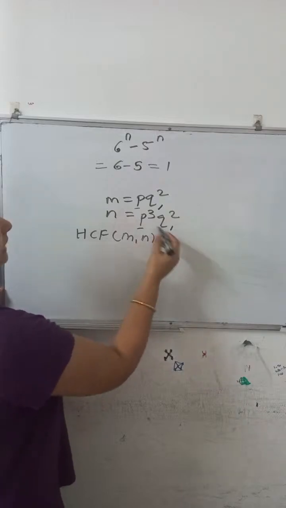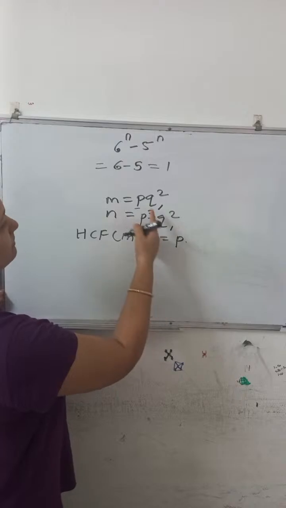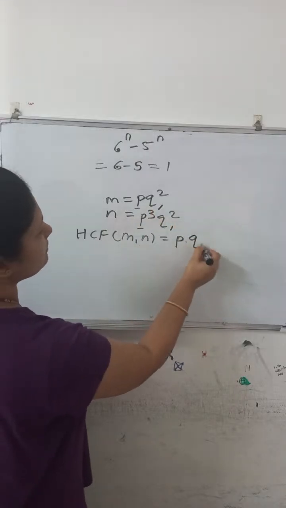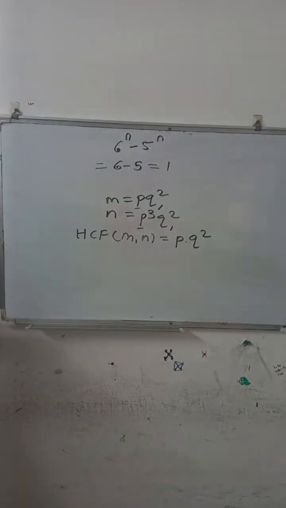The lowest power of p is 1 and the lowest power of q is square. So PQ square is the answer, and the correct option is B, PQ square. Are you getting how to take these questions?